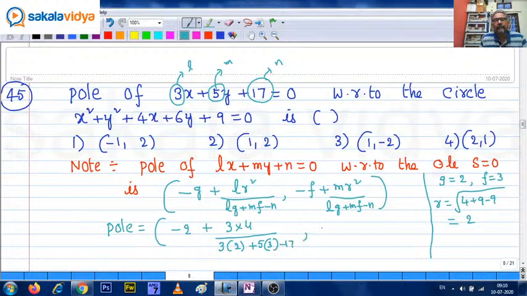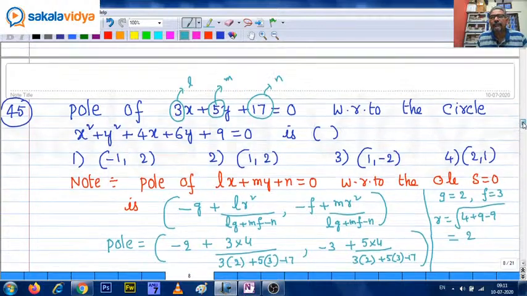Minus f plus m r², 5 into 4, divided by 3 times 2 plus 5 times 3 minus 17. So you need to simplify this one, then you will get the answer.